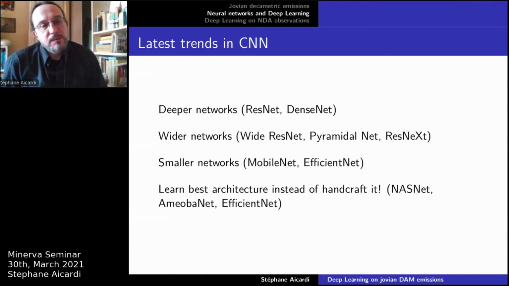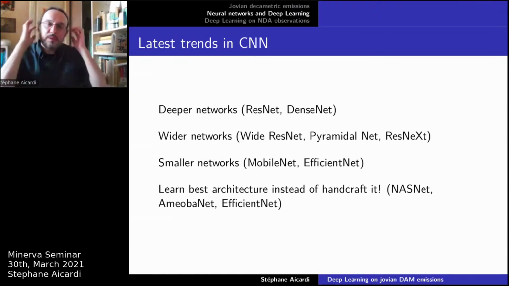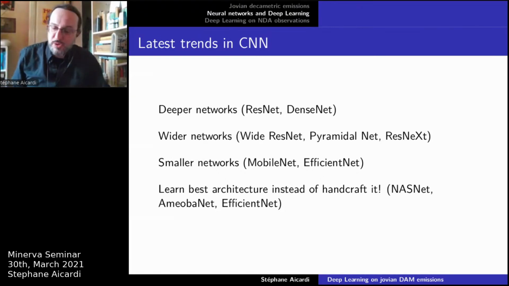Then the other path is to build smaller networks because they can run faster, train faster. And the last trend is, in fact, not to be a smart guy when building the architecture, but using learning techniques to find the better one. And the best in this case is EfficientNet.